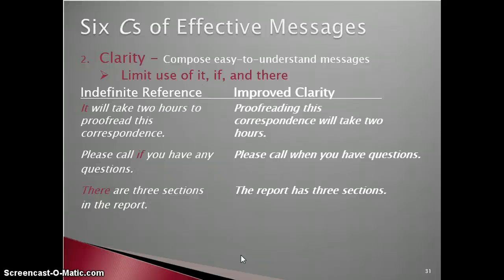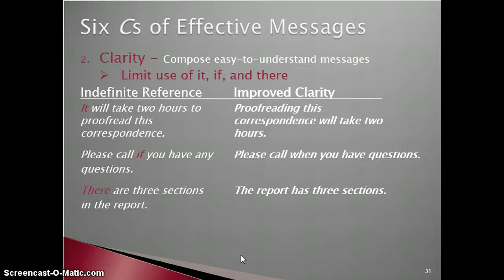It is an indefinite reference which requires the reader to determine a correct meaning or relationship. More clear would be, proofreading this correspondence will take 2 hours. So replace all sentences that include the word it, state what it is.